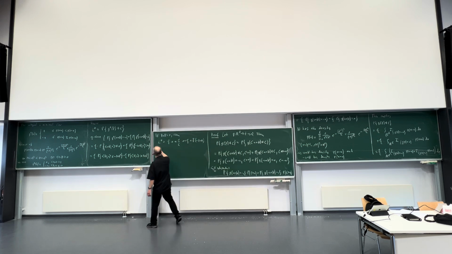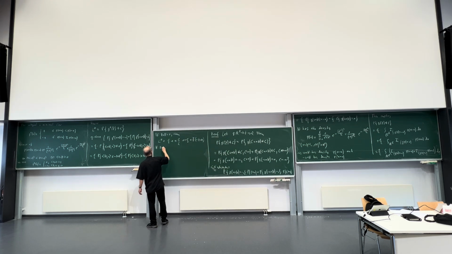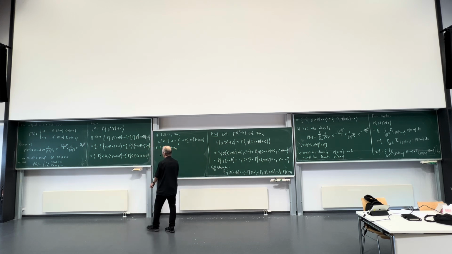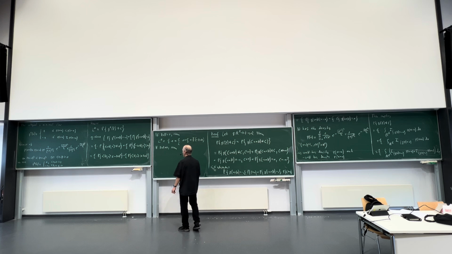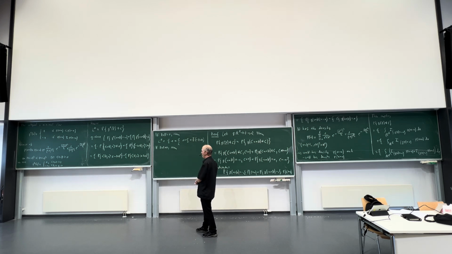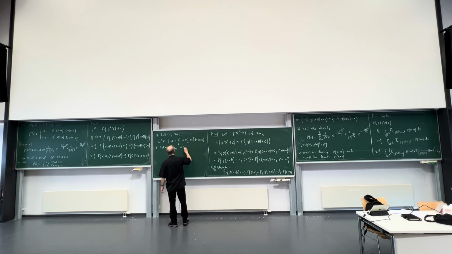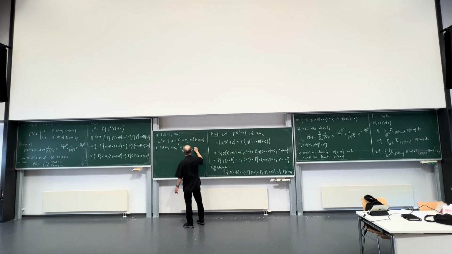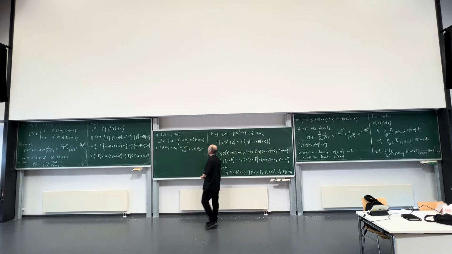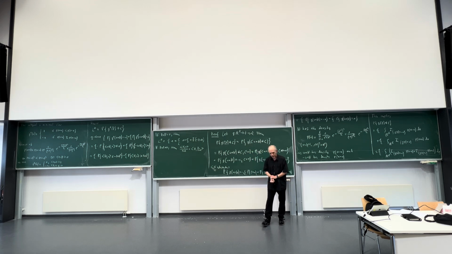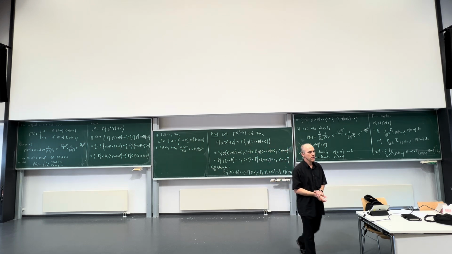So if norm u is not 0, then I divide this whole thing by norm u, and then I get the scalar product of n and u divided by norm u, which is the scalar product of n with some unit vector.